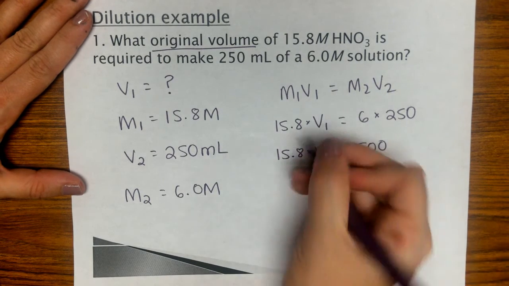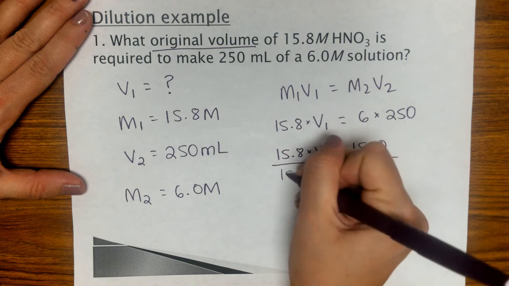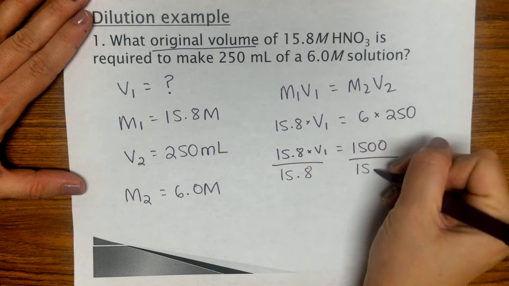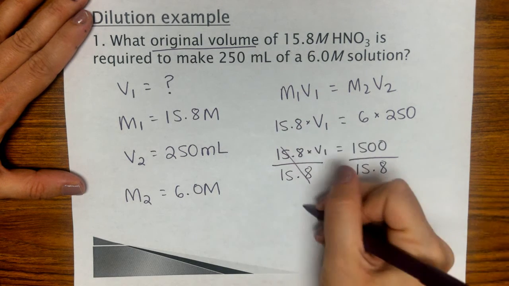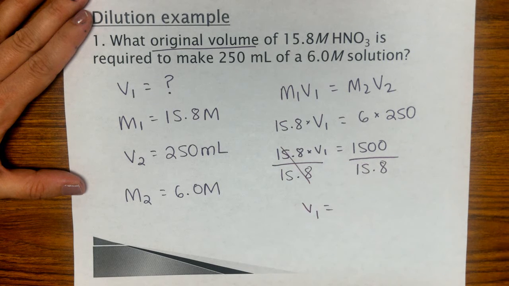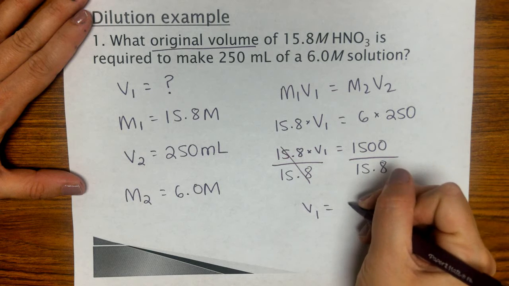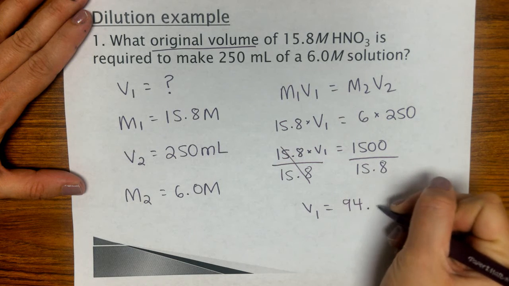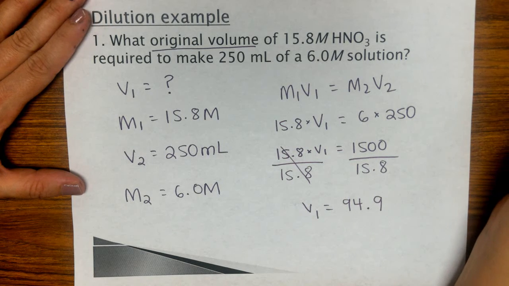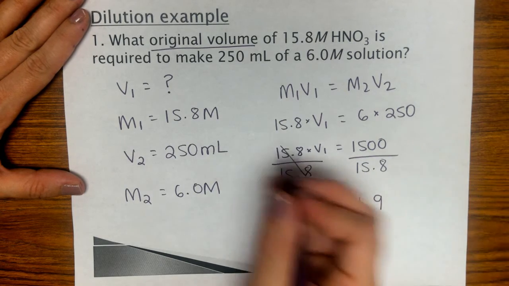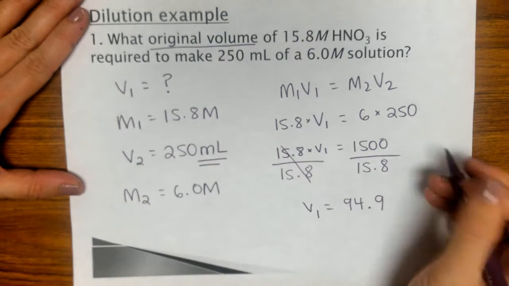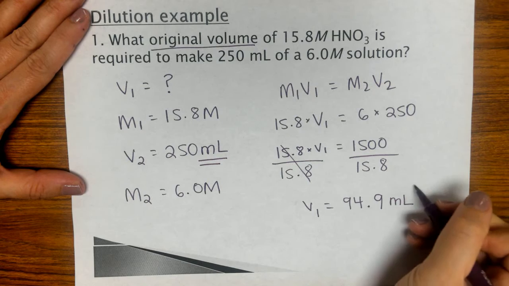Then to solve for V1, I need to divide each side by 15.8. That divides out, and we get V1 equals whatever 1500 divided by 15.8 is, and that is 94.9. Now, the unit for V2 is milliliters, so this unit will be milliliters.